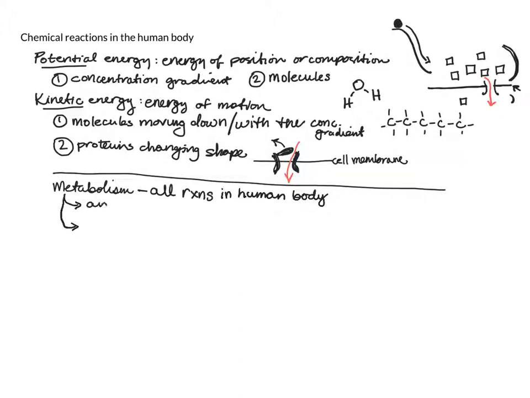So anabolic reactions, and we could also say anabolism. That's a kind of a funny word. It doesn't quite roll off the tongue. These are reactions that build larger molecules from smaller ones.